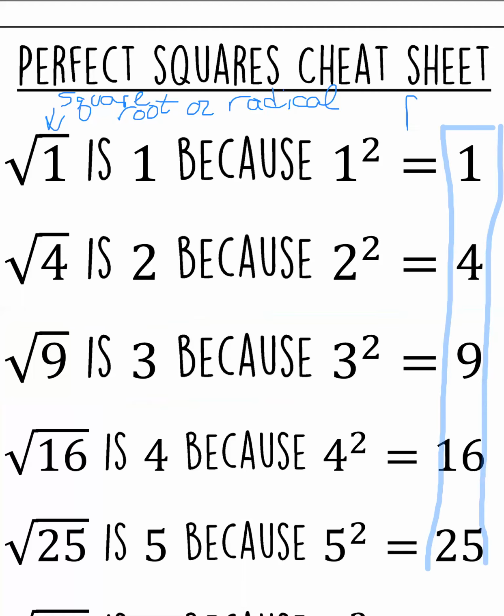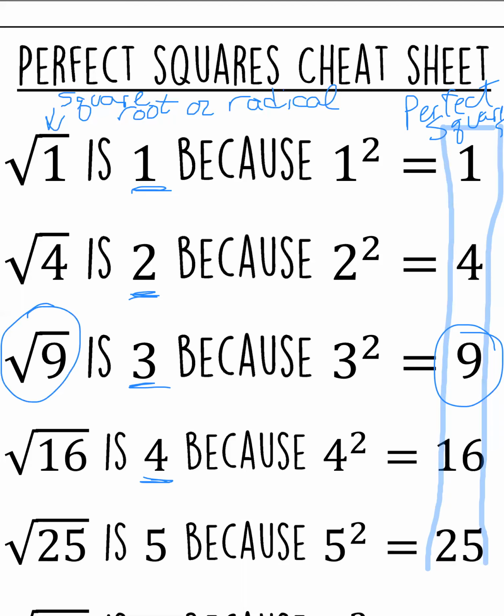That's an important word to know. The reason they're perfect is because if I take their square root, I get a nice number out. If I take 9 and ask for its square root, the answer is 3, because I'm asking myself, what do I multiply by itself to get 9?